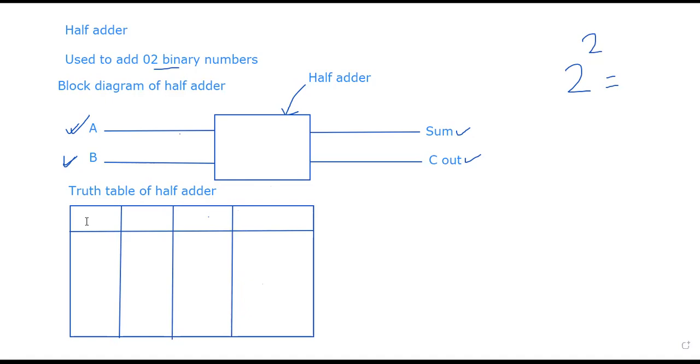So here we have the input A, the input B, the output sum, and the output carry out.